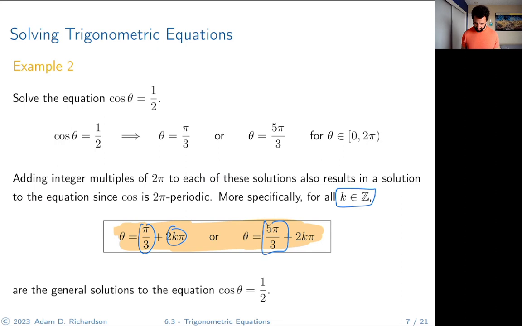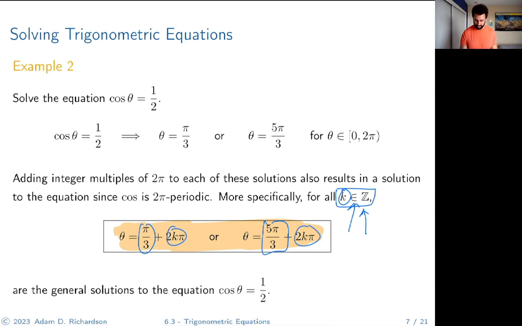And 5 pi over 3 plus k times 2 pi will be a solution. A quick notational review here. This symbol here, this fancy Z, that means the integers. So that's the set of the integers. And this little symbol, that little e looking thing, that just means in, or is an element of. But basically we're just saying that whatever k is, it's got to be an integer.